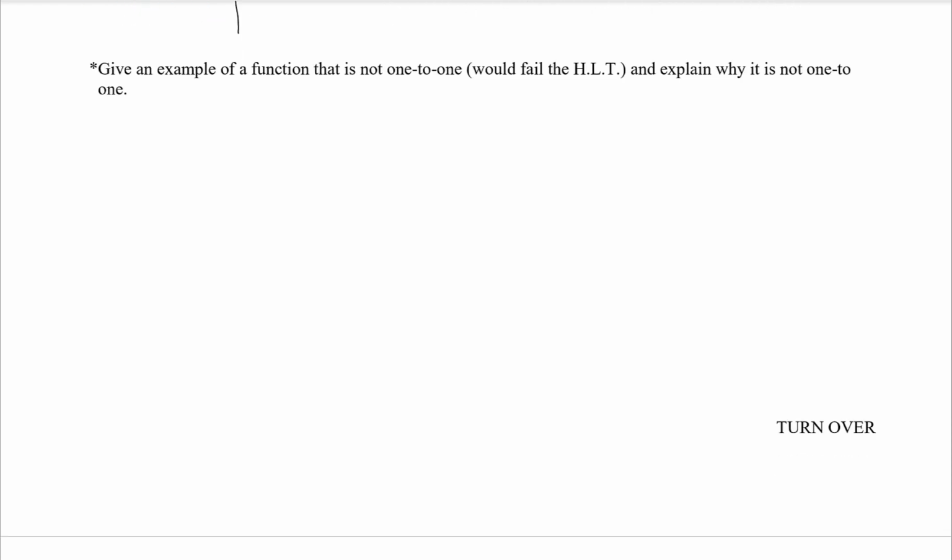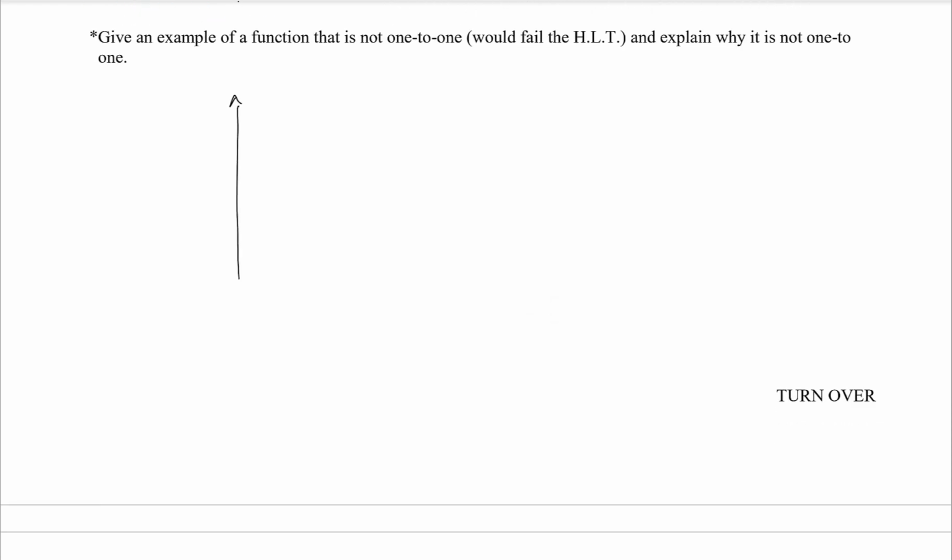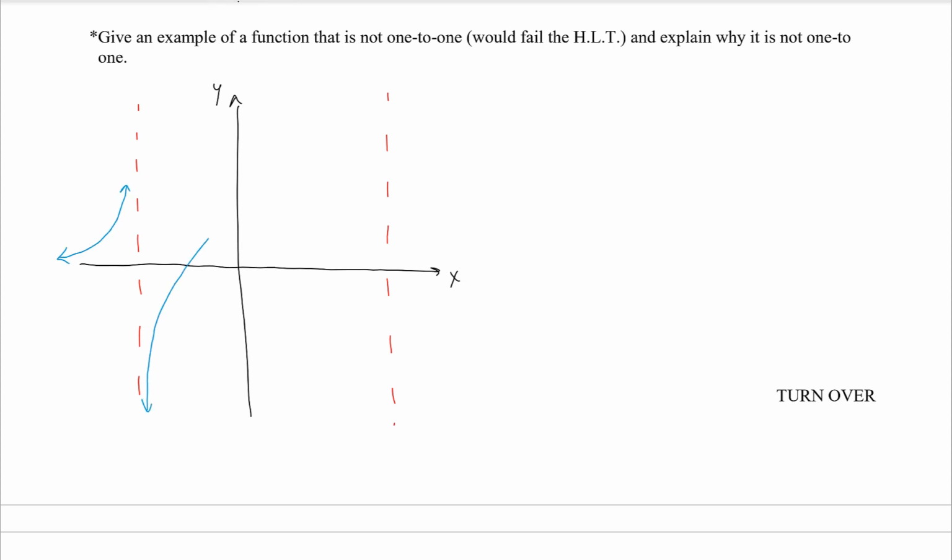But there's lots of functions that are not. There's lots. So for example, maybe you have a rational function that looks like this. This is not one-to-one, right? If I draw this horizontal line right there, I hit the graph more than once. I hit the graph right there, and I hit the graph right there. So it's not one-to-one. We can also call this f, it doesn't matter. It's a different example.